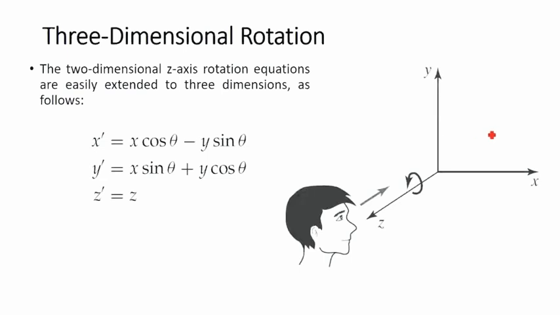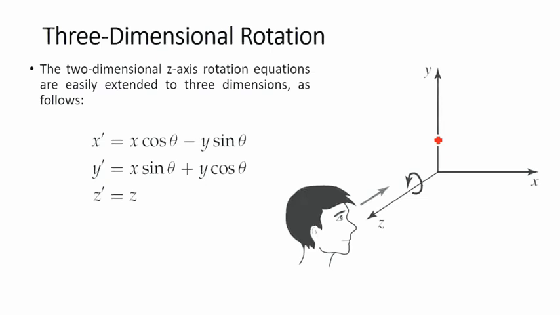As I said, similar to how we rotate the object in 2D around the origin or a fixed point, in 3D we rotate the object around a reference axis, right? That reference axis can be the base axis of the coordinate system, or it can be some other imaginary axis in the coordinate system.